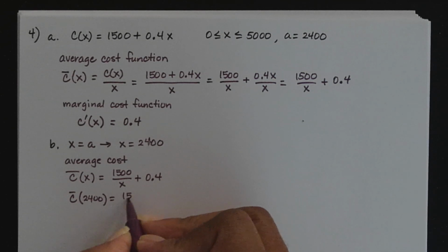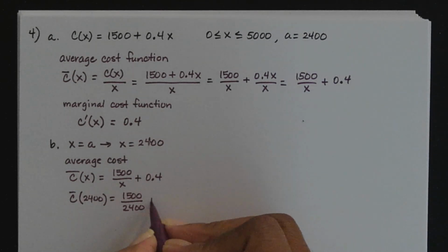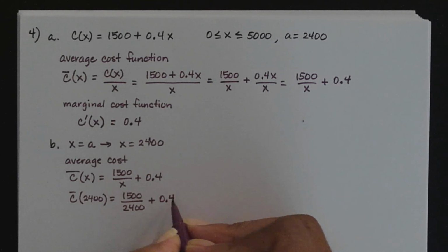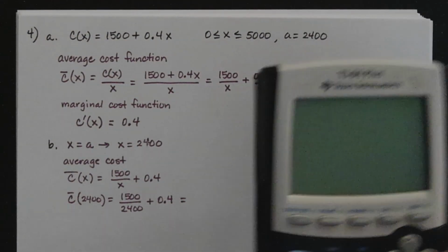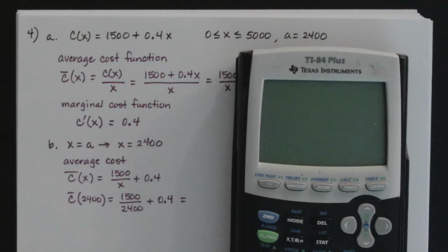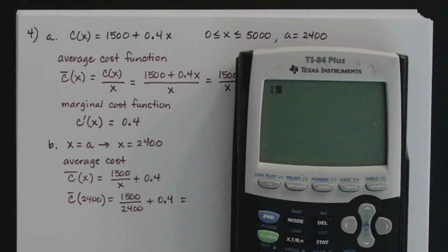Okay, so it'd be 1,500 divided by 2,400 plus 0.4.